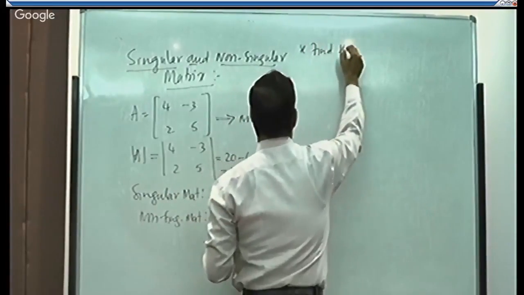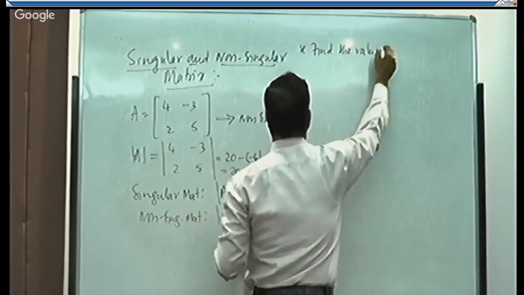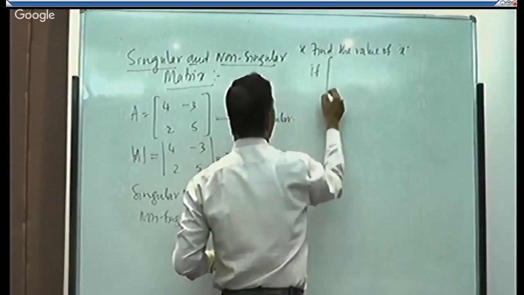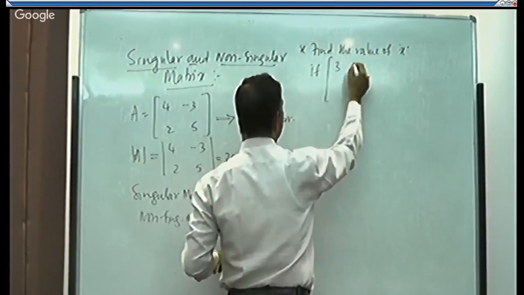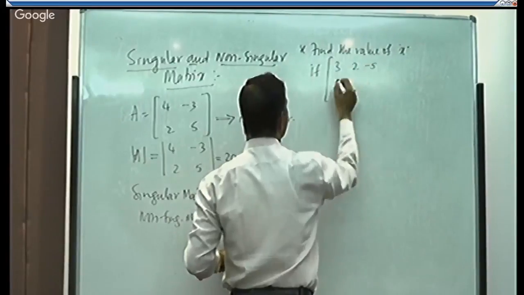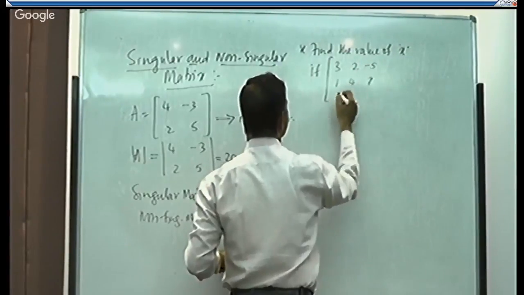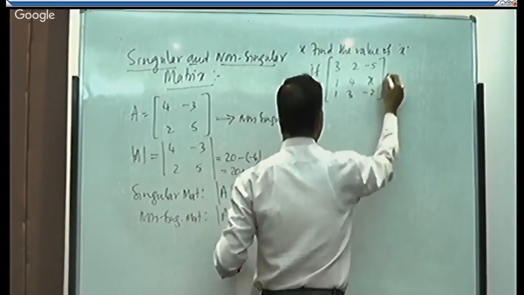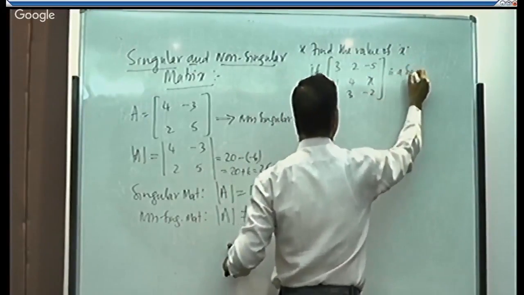Find the value of x if the square matrix 3, 2, minus 5, 1, 4, x, 1, 3, minus 2 is a singular matrix.